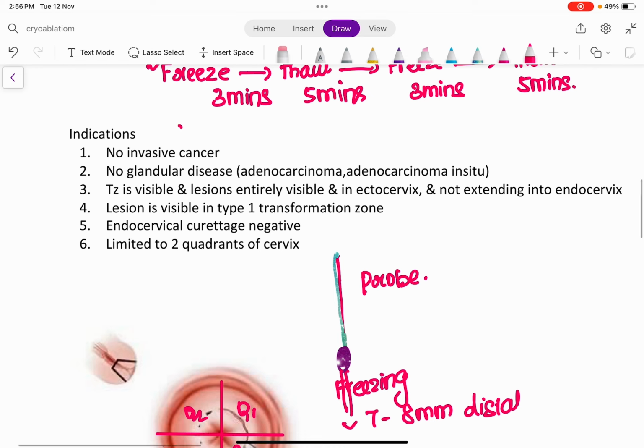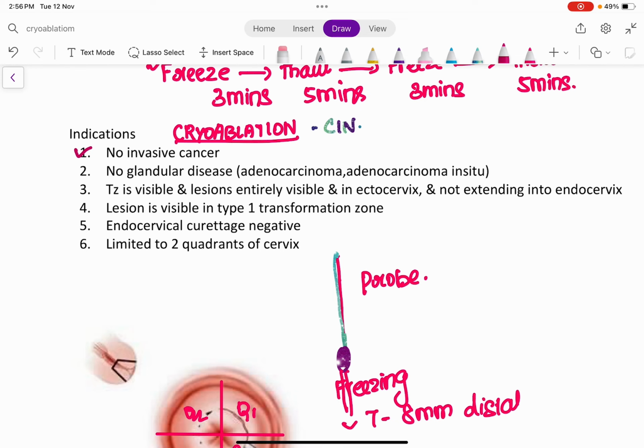So what are the indications for cryoablation? First, since this is a treatment of choice for cervical intraepithelial neoplasia, no invasive cancer should be present. The second indication is that there should not be any glandular disease. What are glandular diseases?